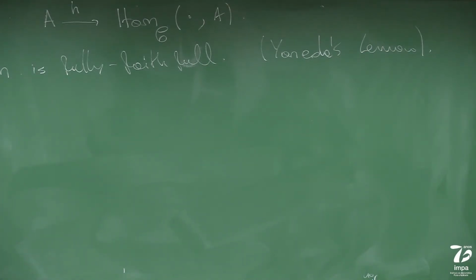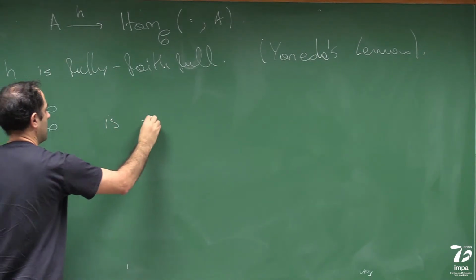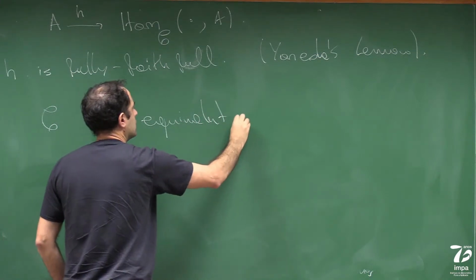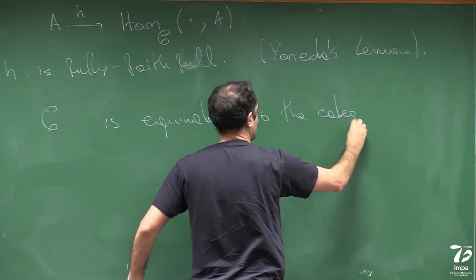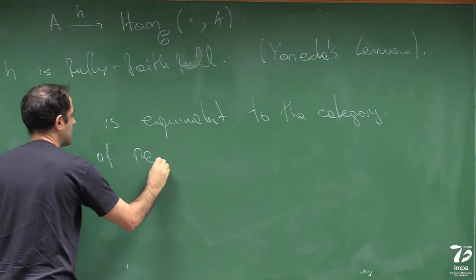But the point is that, therefore, you can test an object. So in particular, any category C is equivalent to the category of representable functors.